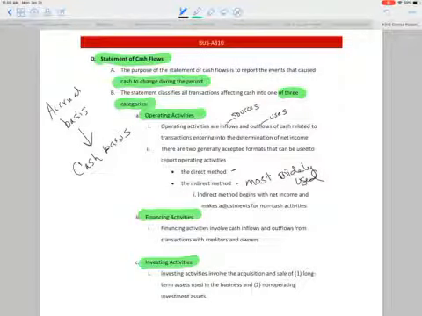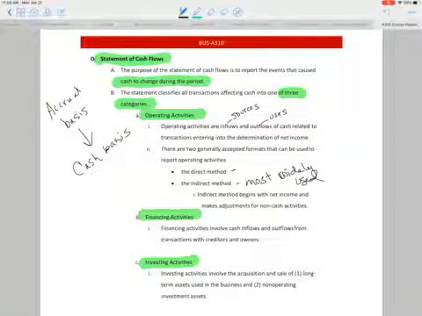Again, if you were accounting majors, then I would have you actually prepare a statement of cash flows under both methods, but I think it's going to be okay for you as a finance major if we don't do that. I think we'll just focus on how to read the statement of cash flows rather than actually preparing it.